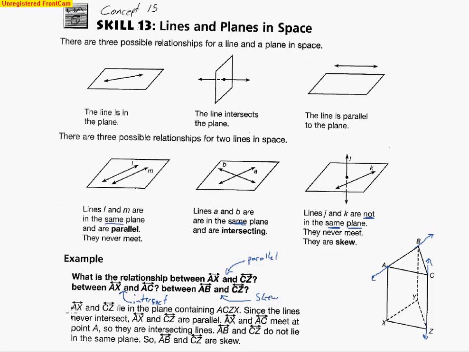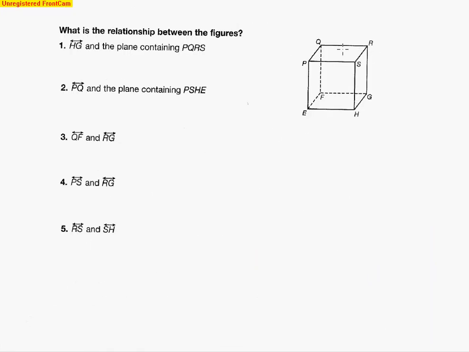So let's take a look at some other examples. We've got another figure, and they're asking about line HG and the plane containing PQRS. We have to find the relationship between those. Here's HG, and PQ, RS.